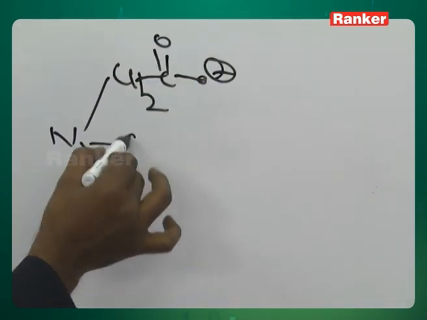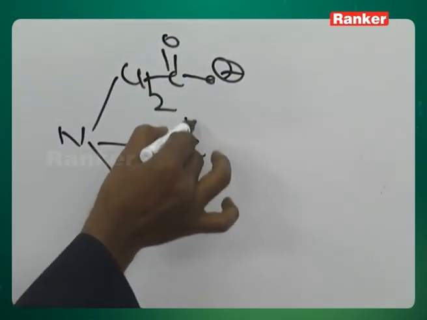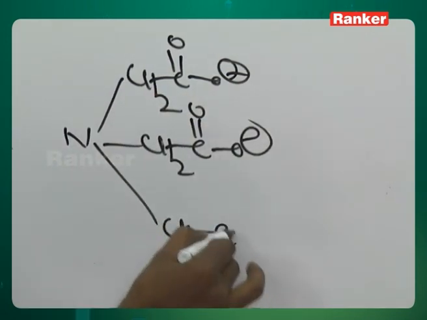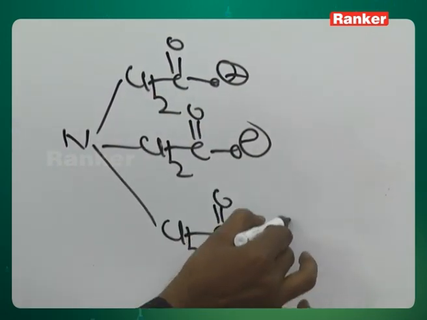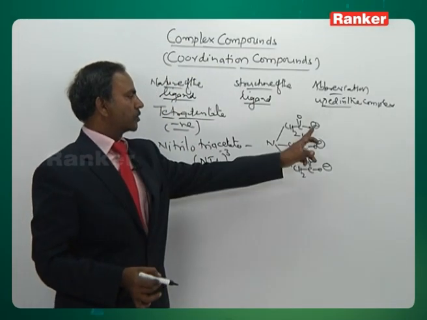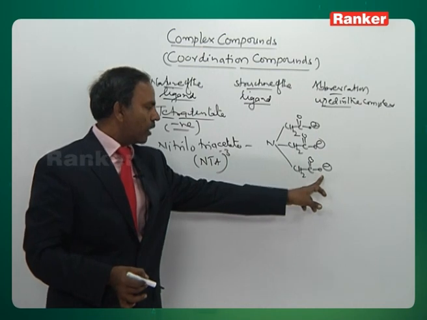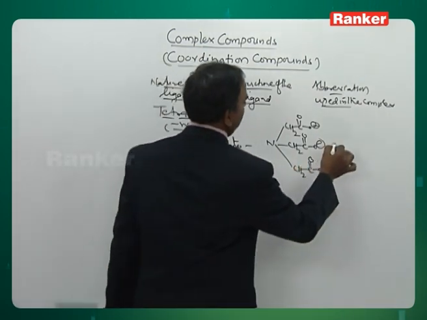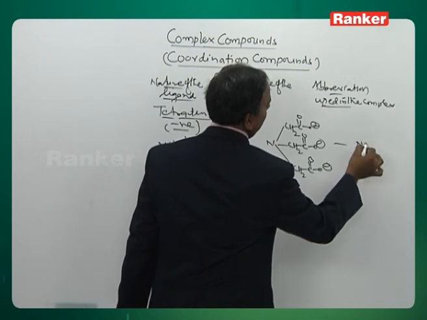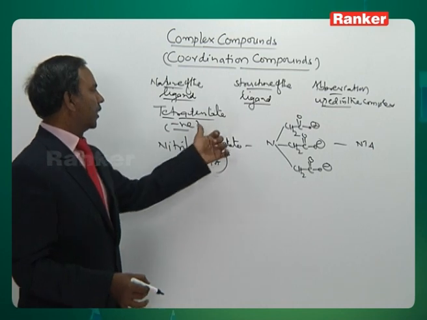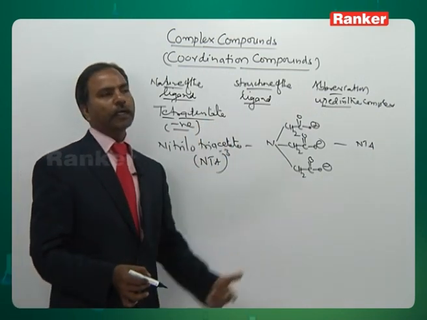So there are first, second, third and fourth donor atoms, four donor atoms. It is represented in the complex as NTA, nitrilo triacetate. Only one important ligand under tetradentate negative, that is NTA.